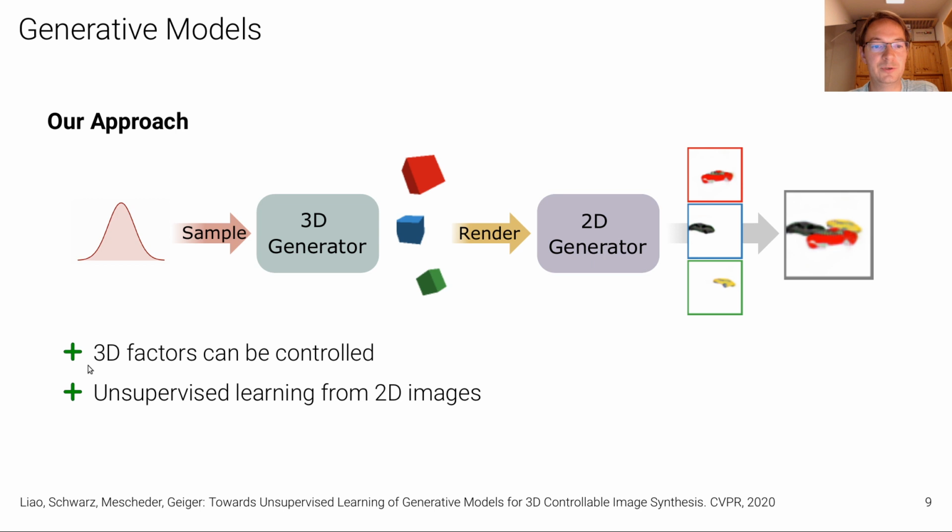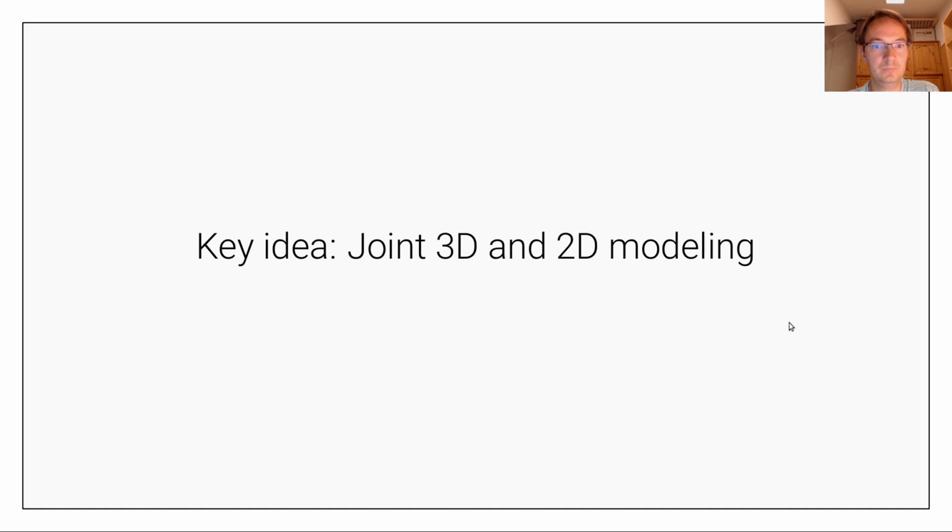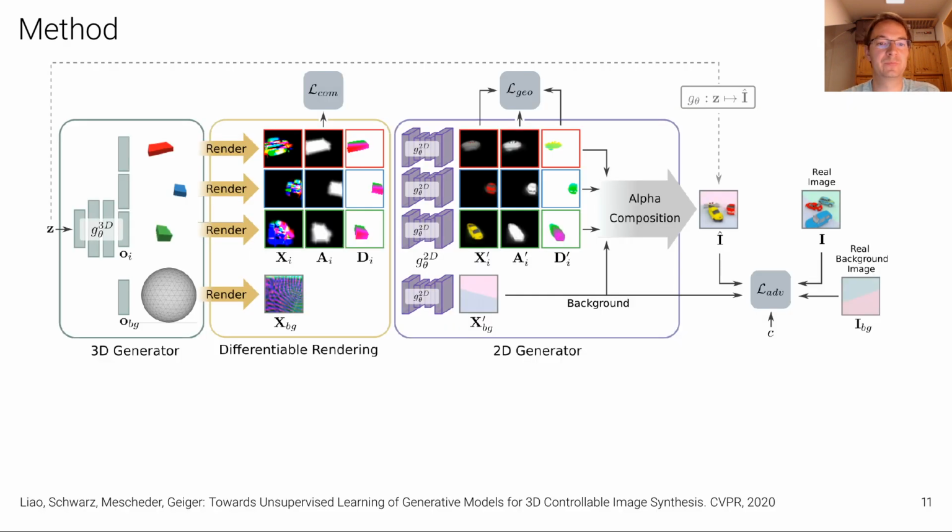The advantage of this approach is that the 3D factors can now be controlled. At the same time, we can learn this model in a fully unsupervised fashion from 2D images, although for now only for very simple scenes. So the key idea here is really to do joint 3D and 2D modeling.